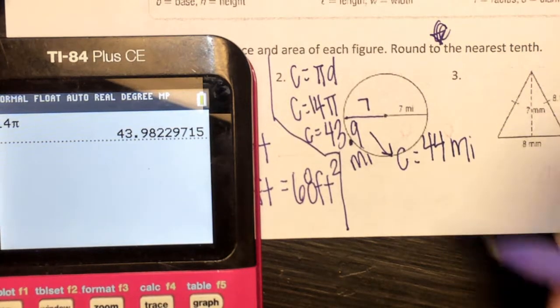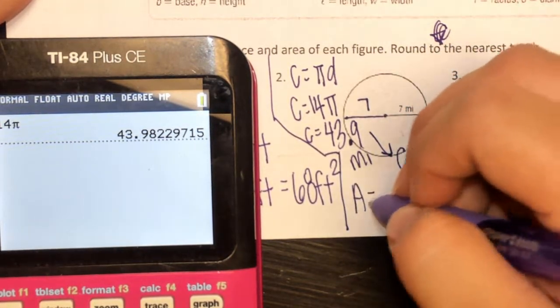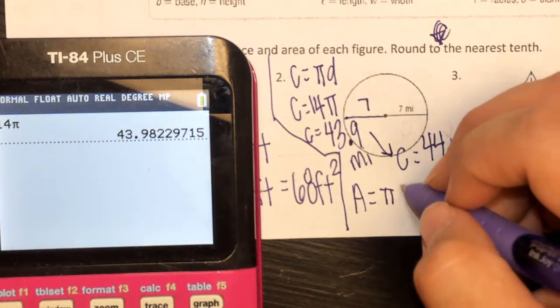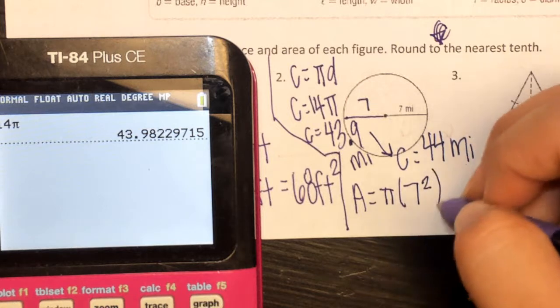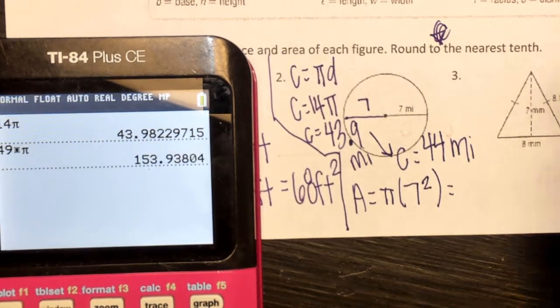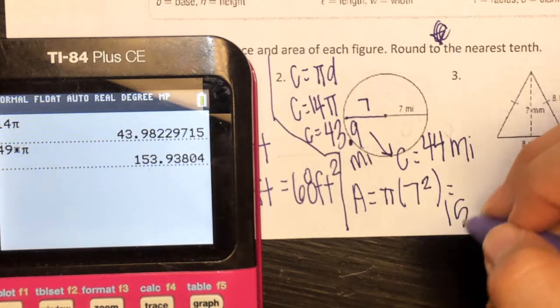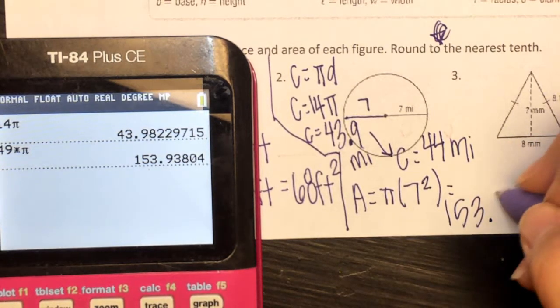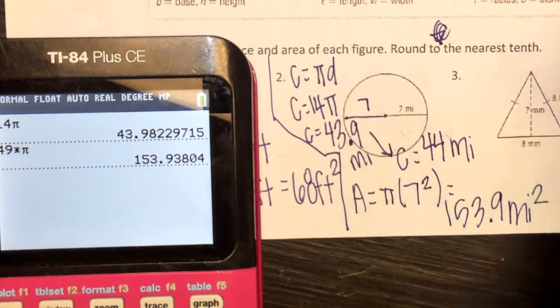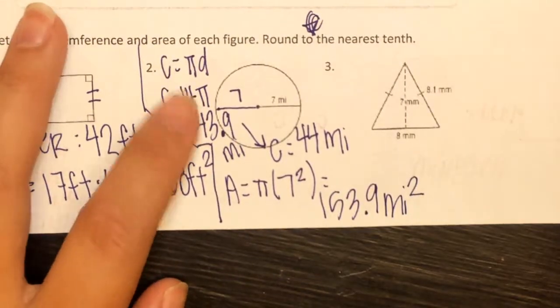Now let's find the area. Pi r squared. What's our r? 7. What's 7 squared? 49 times pi. 153.9. Miles what? Squared. That's like a crop circle.